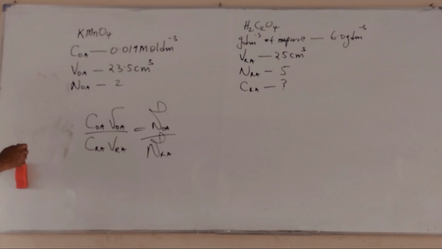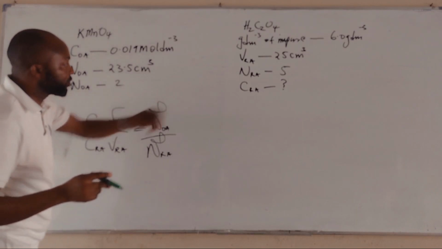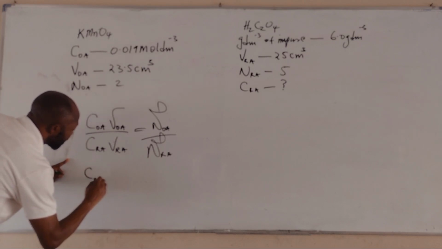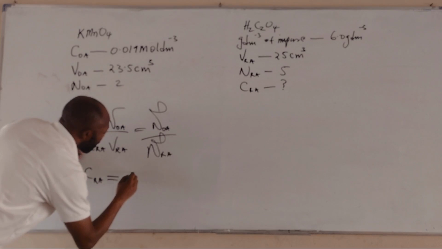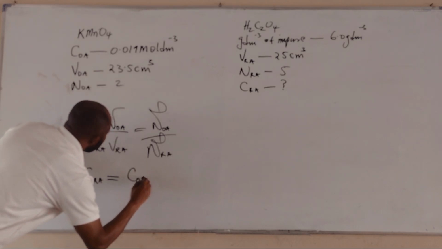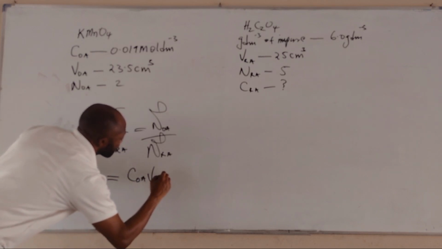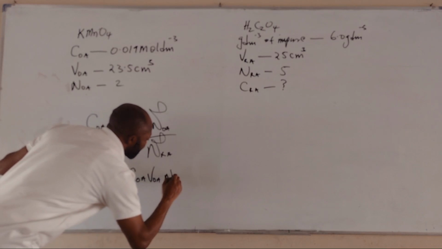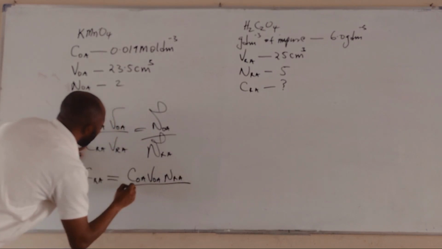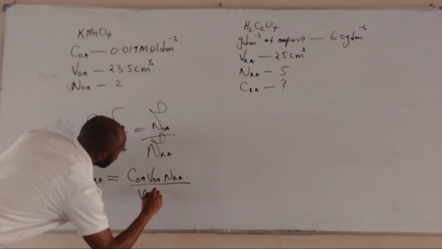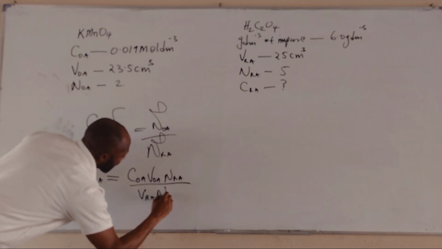So the concentration of the reducing agent will be concentration of oxidizing agent times volume of oxidizing agent times number of moles of reducing agent, over volume of reducing agent times number of moles of oxidizing agent.